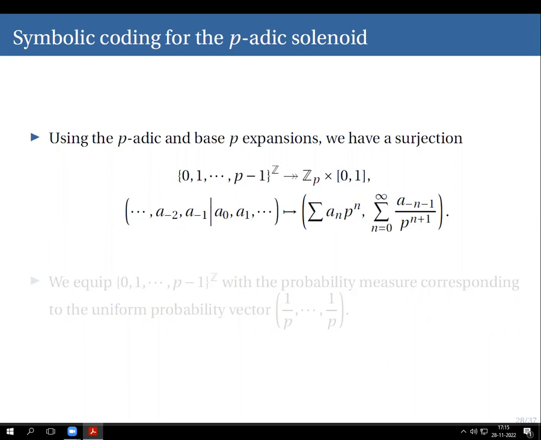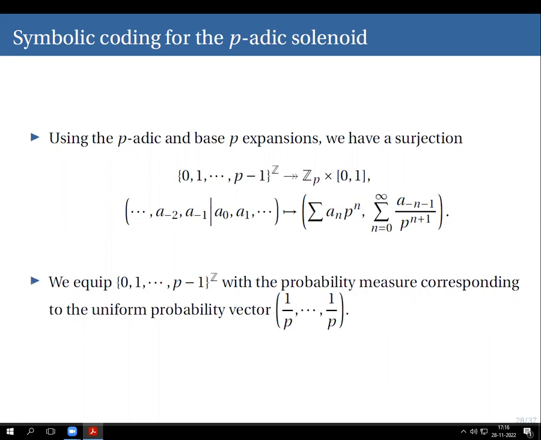This part gives you the p-adic number, and this part gives you a number from 0 to 1. Again, if you follow your nose, you have the Haar measure here, the Borel measure here, and the Bernoulli measure on the alphabet space, which comes from the uniform probability vector 1/p, 1/p, 1/p, and so on.